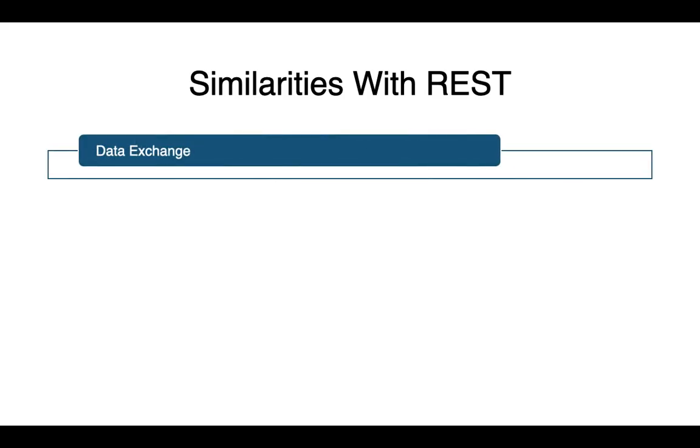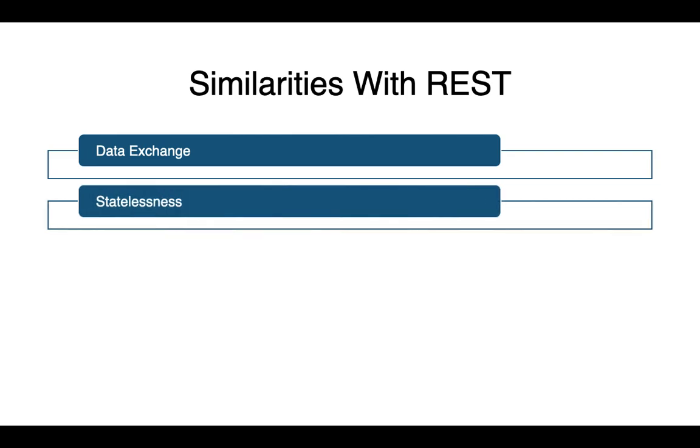When it comes to facilitating data exchange, both REST APIs and GraphQL share some key similarities. Both enable seamless communication between clients and servers, allowing different servers or applications to share data effectively. Each operates on stateless calls, meaning every request contains all the necessary information to be processed independently.